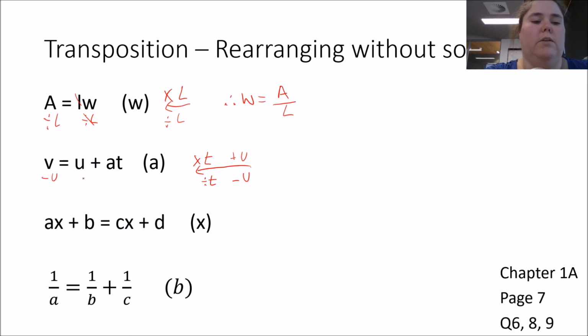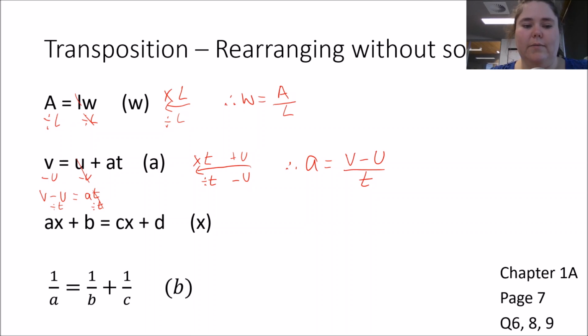So if we take u, we now have v minus u equals at. Then we divide by t. We're going to get to a equals v minus u divided by t. It's not too bad.